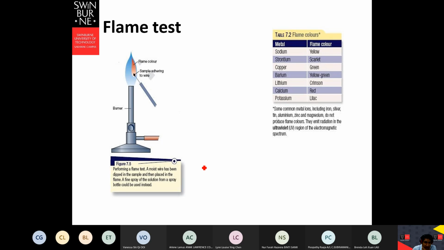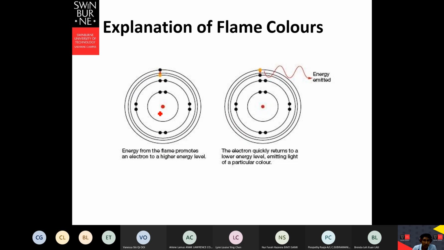So what is actually happening? Why are these different metals giving us different colors? Well, now it is the time to recall our periodic table knowledge. We have seen the atomic structure, right? At the beginning of our lecture, the atomic structure of different elements on the periodic table.